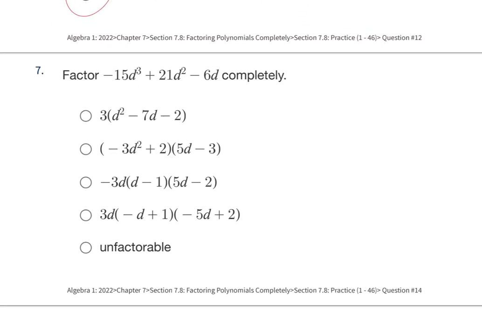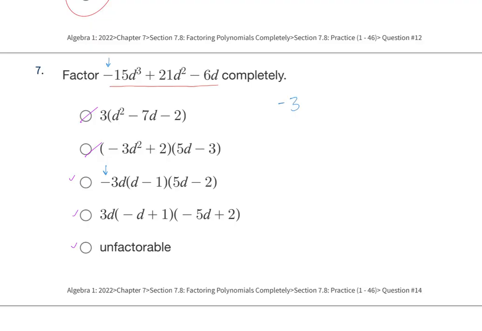Factor this one completely. They all have a 3d in common. So here's something fun. Bad answer, bad answer, possible, possible, possible. Okay. So if I factor out a 3d, in fact, I just don't love a negative out front.